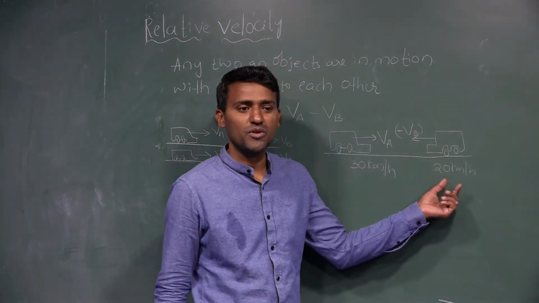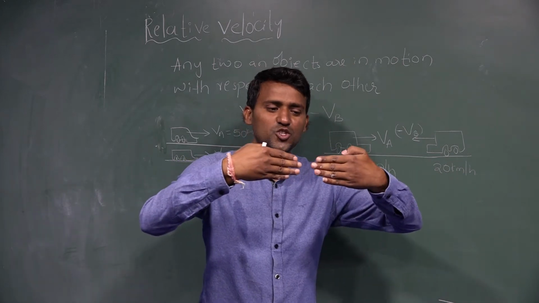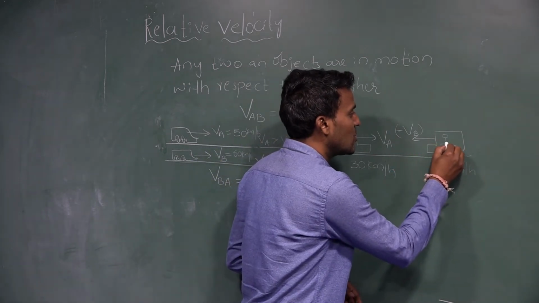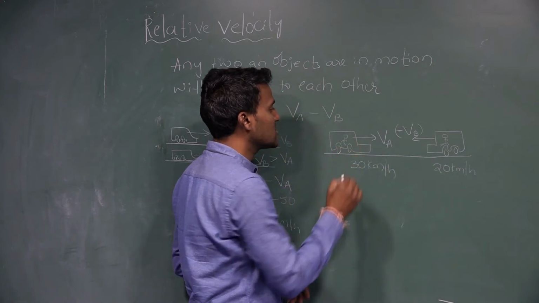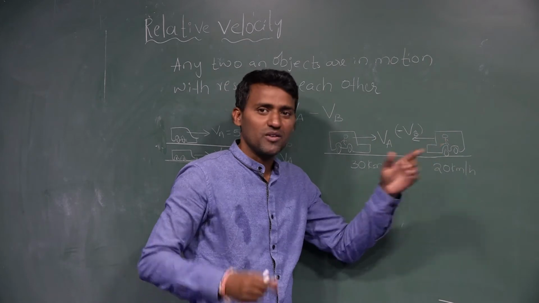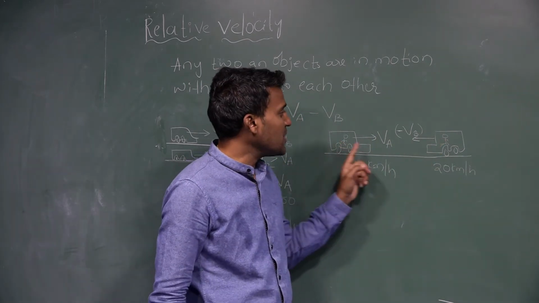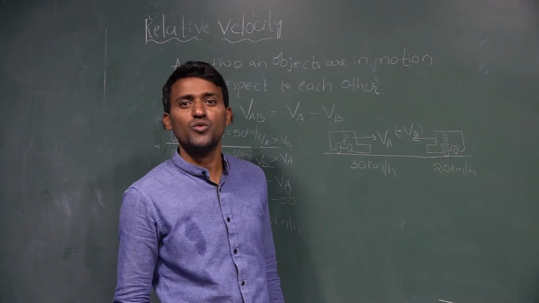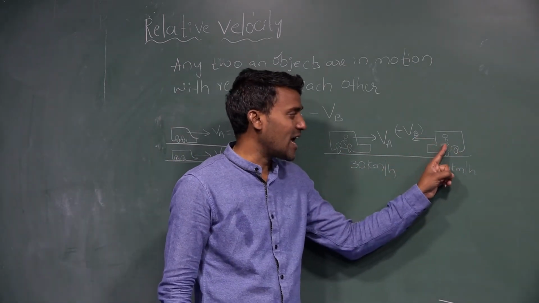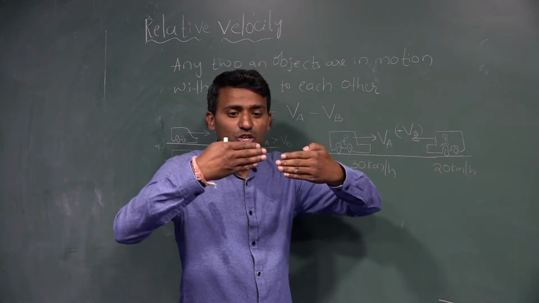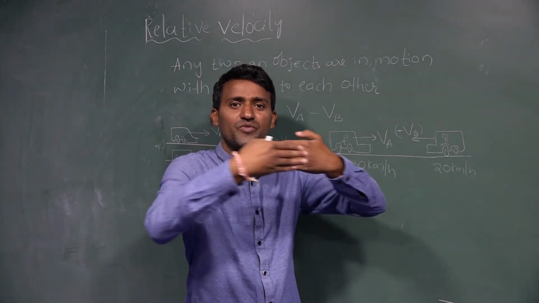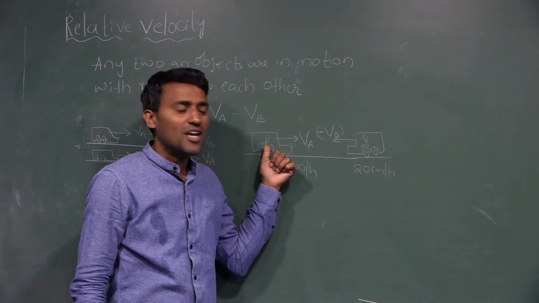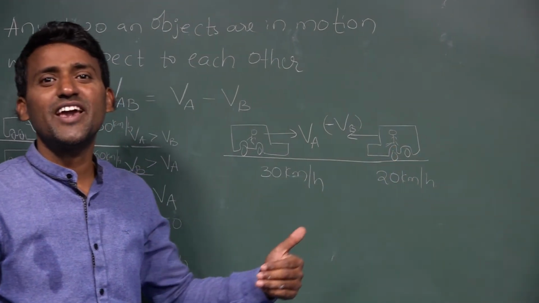When these two vehicles are crossing each other, consider who is sitting in car B and who is sitting in car A. For example, the person in car A observing car B while crossing: for him, car B appears to be moving with a greater velocity, but actually car B's actual velocity is 20 km per hour. But when these two vehicles are crossing each other, at that moment, when the car A person observes car B, it appears to be moving with a greater velocity.